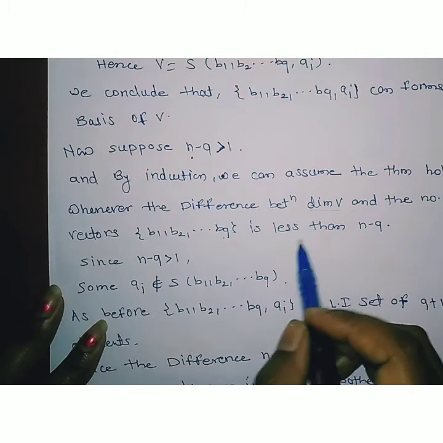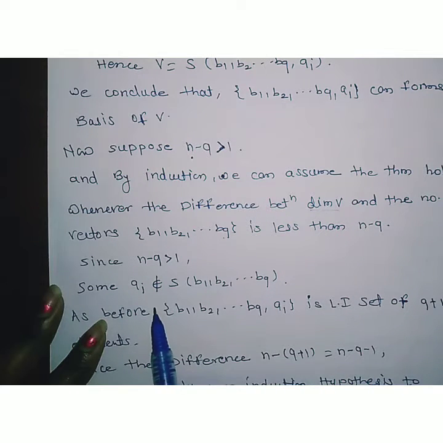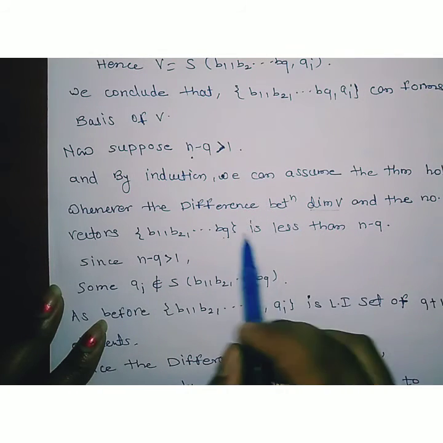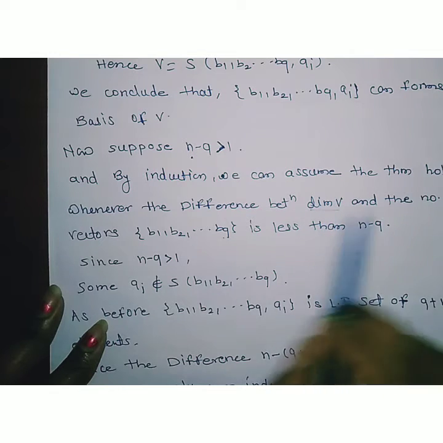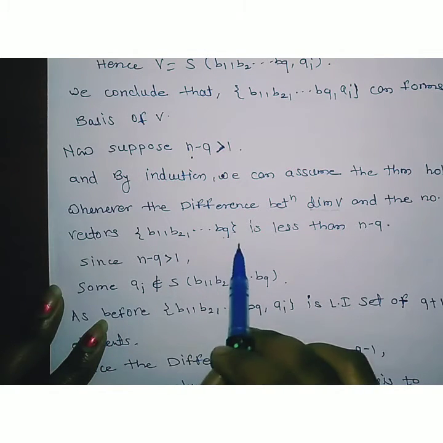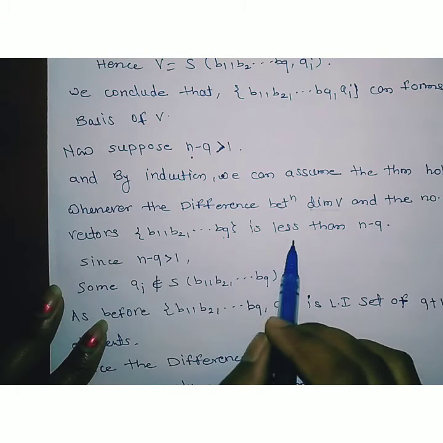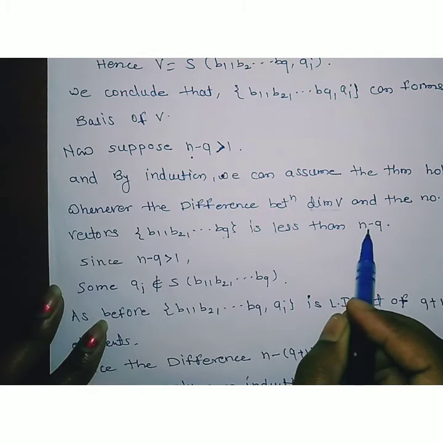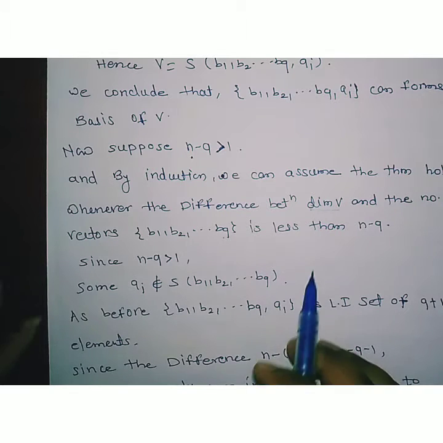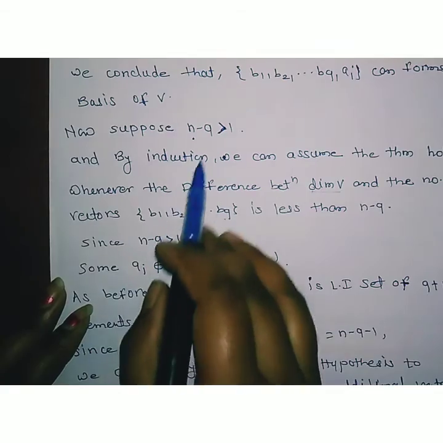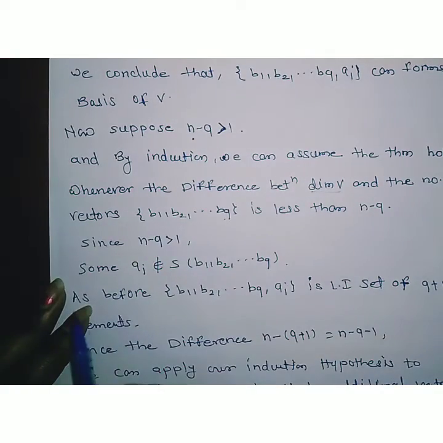Then we assume the theorem holds when this difference between the dimension of V and the number of vectors in that set is less than n minus q. Therefore, we assume this case, and we have to prove the theorem for n minus q greater than 1.